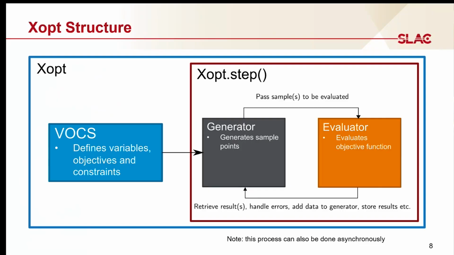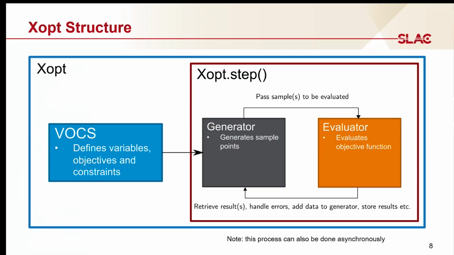To start out, we can talk about the very basics of the Xopt structure. Xopt contains 4 major classes. The first class is VOX, which stands for variables, objectives, constraints, and, depending on your reading, the S is statics. Essentially, this defines the problem space.